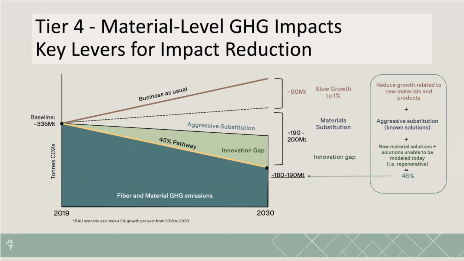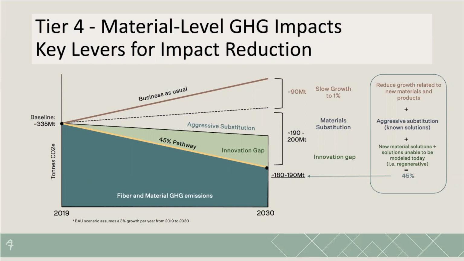So in line with science, we have set a target of 45% greenhouse gas emissions reduction by 2030, again, related specifically to the materials that we're using in the global apparel and footwear industry. And as we've done some modeling on this, this is really an oversimplified diagram, but the key points here are that there are 3 key levers to achieving that 45% reduction target by 2030.